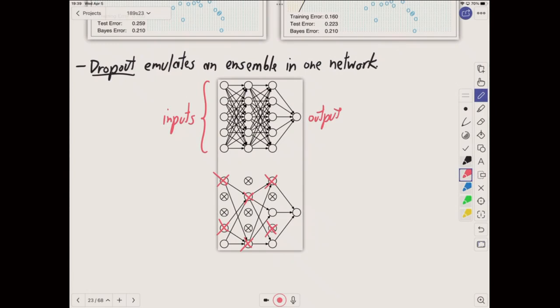Well, you definitely need to recompute the gradient from scratch every time you change which neurons you are disabling and which ones you're allowing to run.